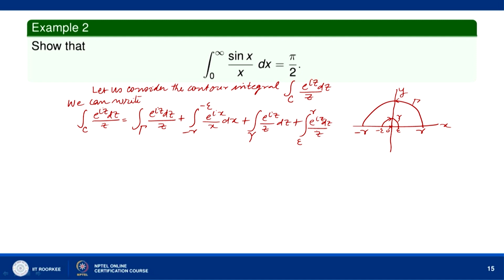Now, let f(z) be equal to e to the power i z over z.